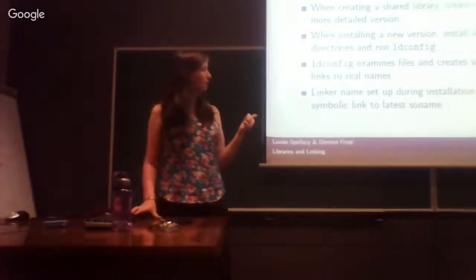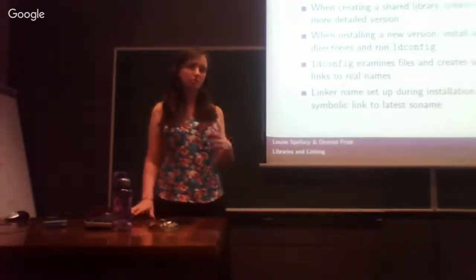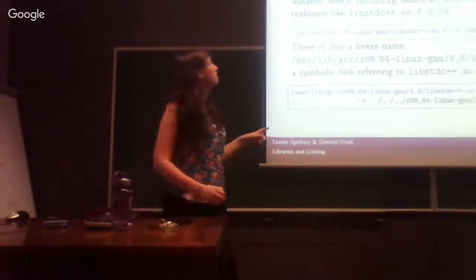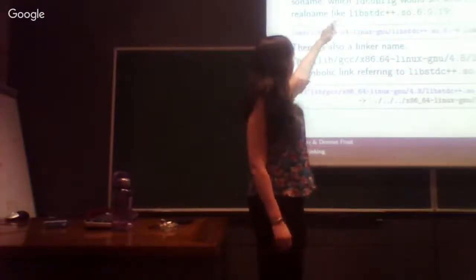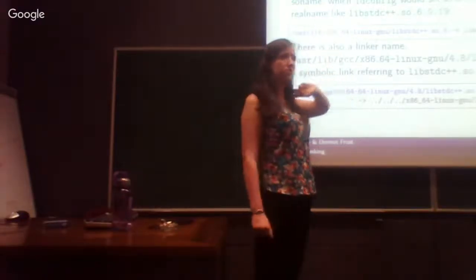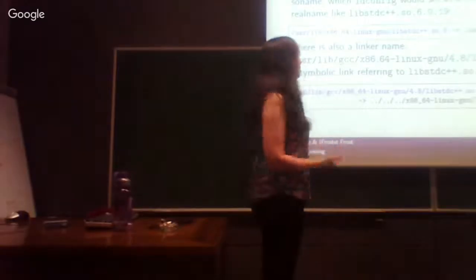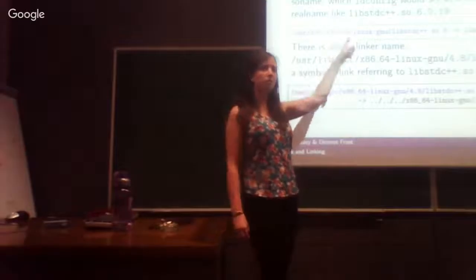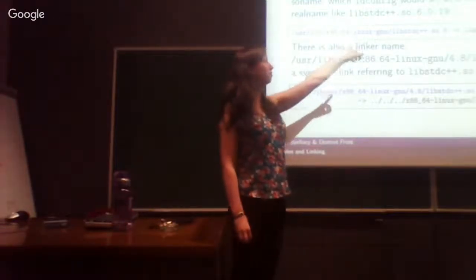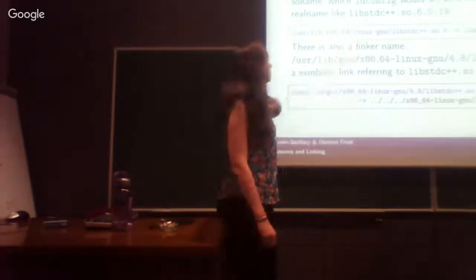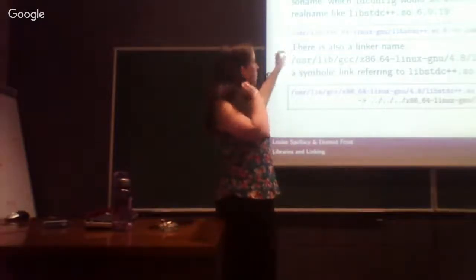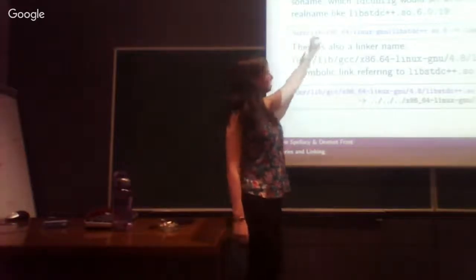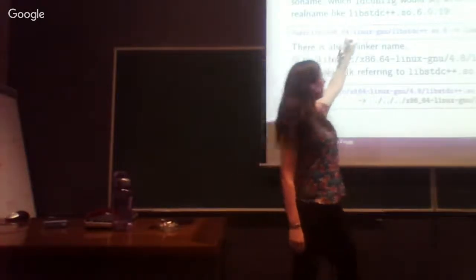So the linker name tends to be a symbolic link to the SO name. So I have an example of that because they go around in loops. This first example here is just looking at the standard C++ library that you find in any of your home directories. The first one up here at the very top is a fully qualified SO name, including the path to the library, as well as the library name followed by the .so and the version number, which, when ldconfig was run on this, is a symbolic link to the actual real name of it.